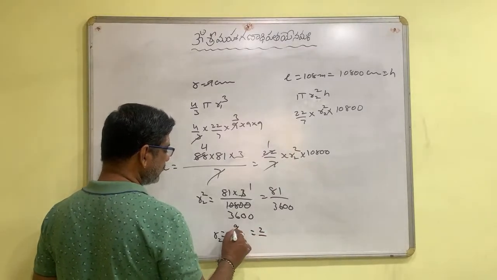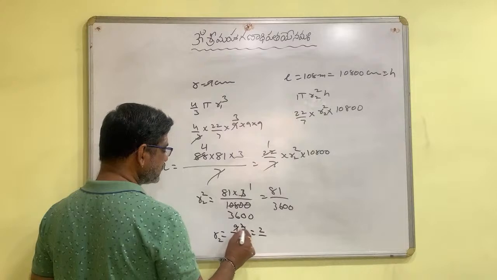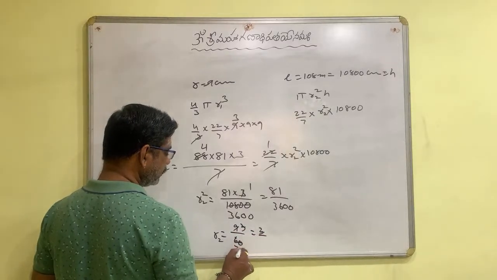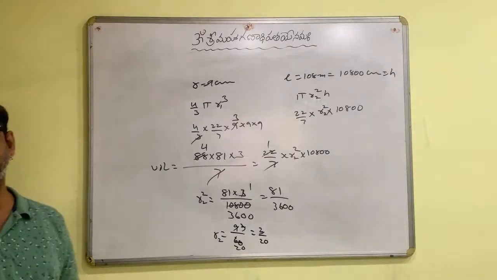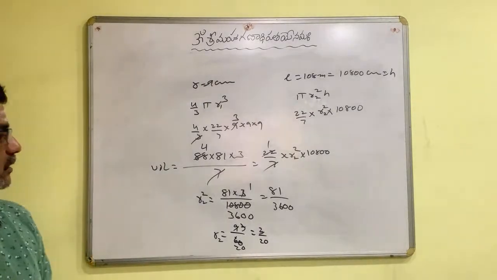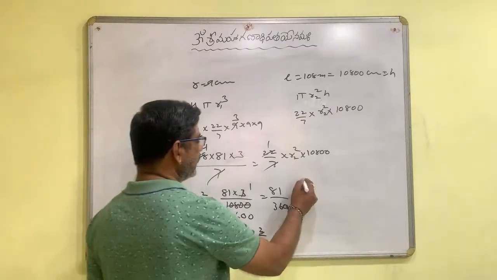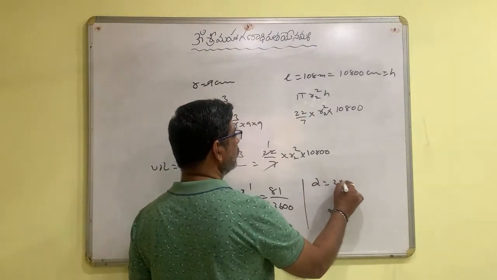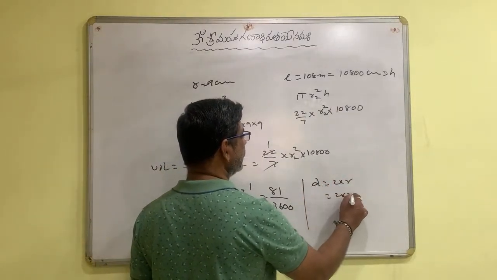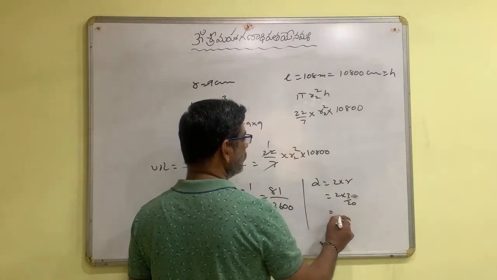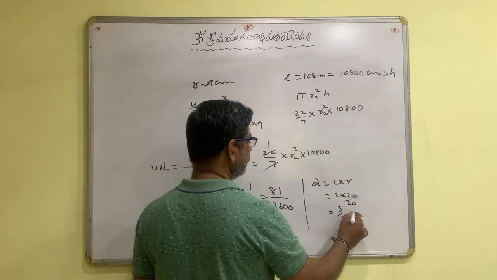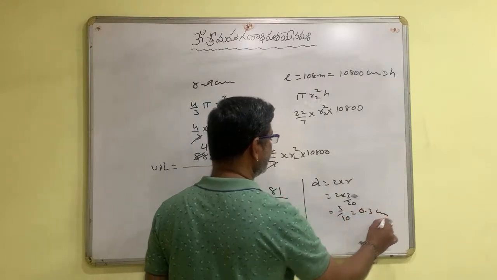That is 3 by 20, the radius. The diameter is 2 into radius, so 2 into 3 by 20, which is 3 by 10, that is 0.3 centimeters.